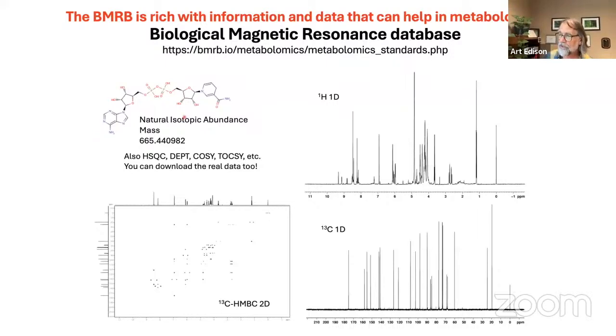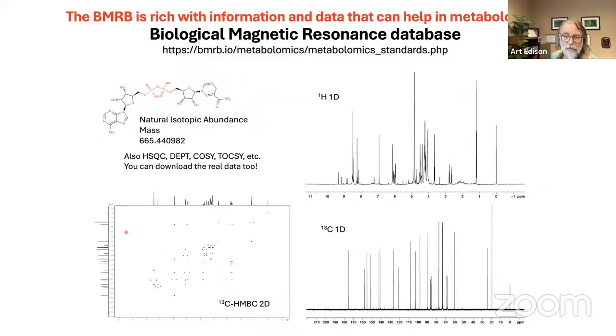So this is just one example of BMRB. If you do a search, for example, on NADH, you will get all sorts of different spectra. You can get a proton 1D spectrum, a carbon-13 1D spectrum, an HMBC, heteronuclear multiple bond correlation, 2D spectrum.